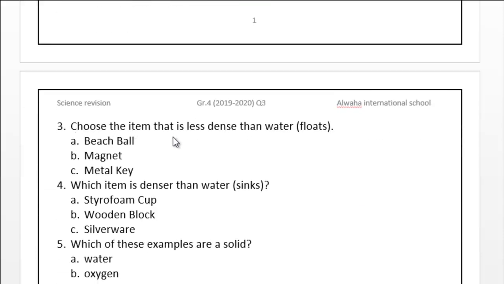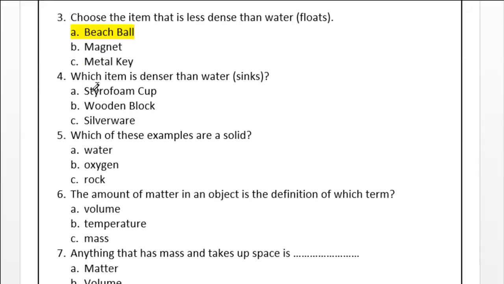Choose the item that is less dense than water. That's right, beach ball. Which item is denser than water? Yeah, that's right. Which of these examples are solid? Water, oxygen, or rock?